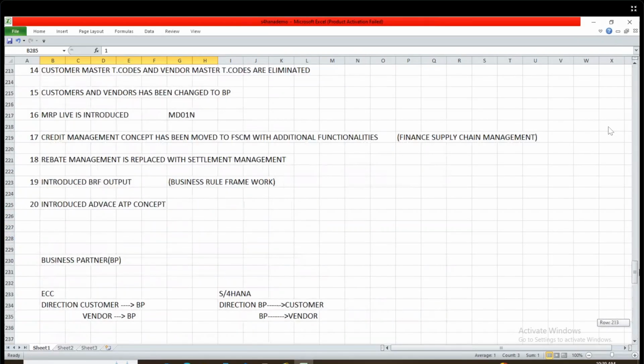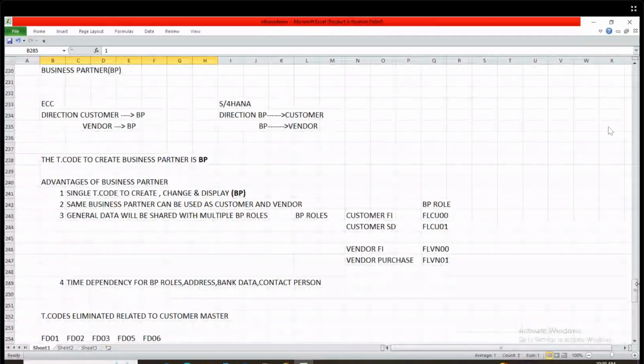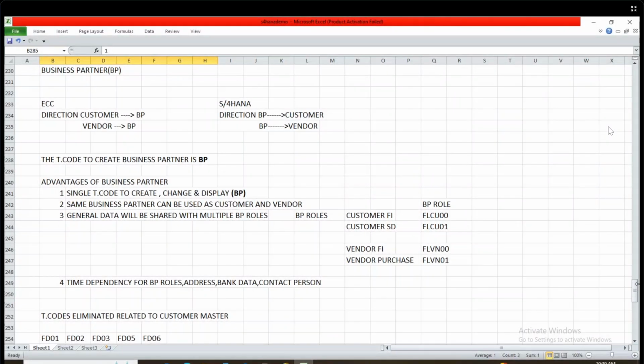First, the prerequisites: what are the prerequisites required for this migration, what data you require in your system. Enterprise structure, then account groups, then we should have our own customers. We create some 20-30 customers because we have to migrate them to BP. Then material master, condition master, credit master.